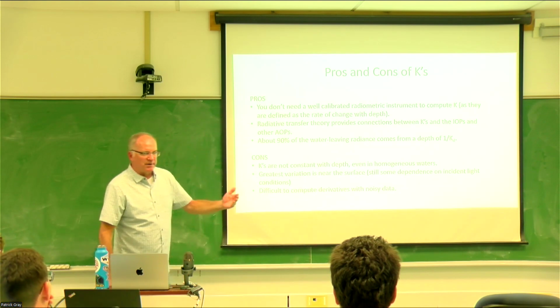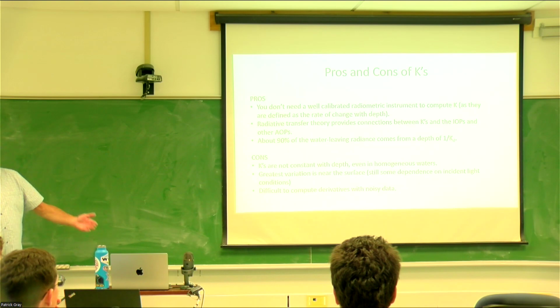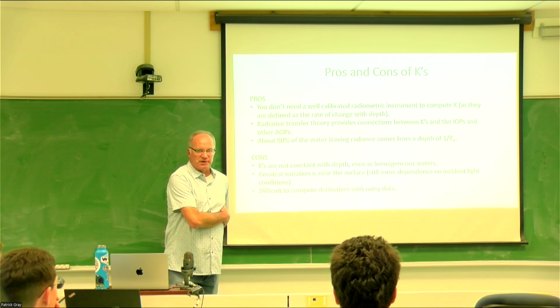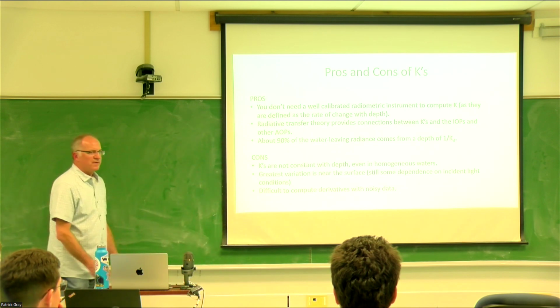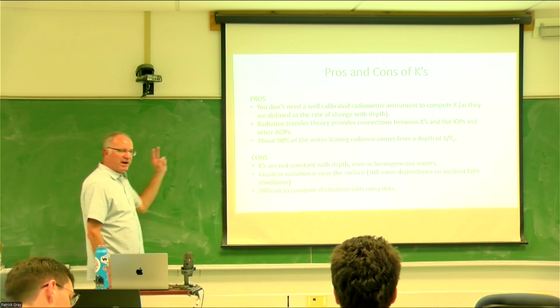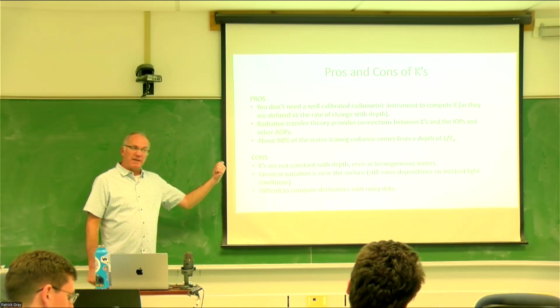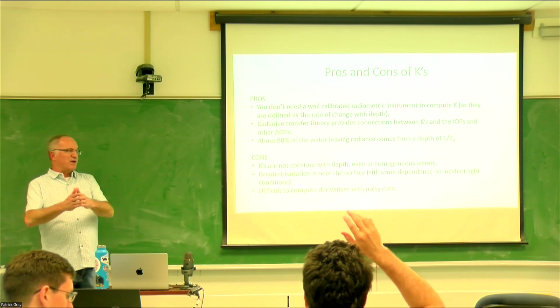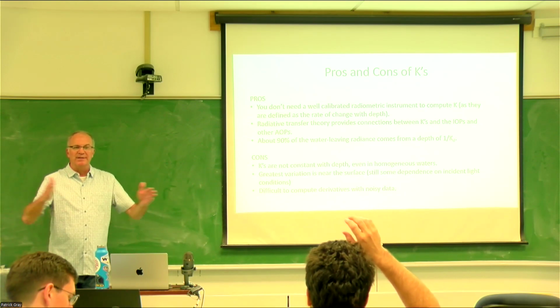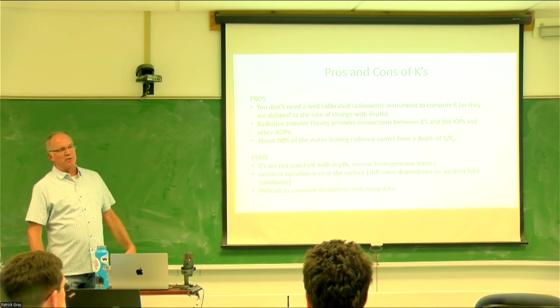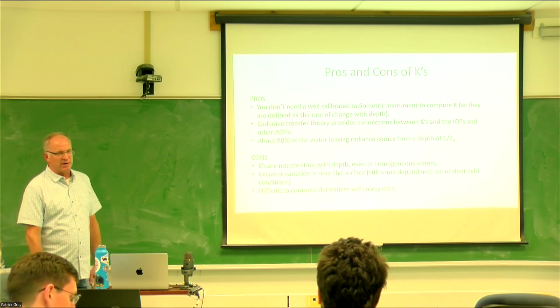All we're looking at is the change, the derivative, in that radiance or irradiance. So a bias or an offset drops out of that equation in the derivative. That's the nice thing: you don't have to have a perfectly calibrated radiometer to make that measurement. Now you can't use that measurement for an absolute value of irradiance because it's got high uncertainty in it, or it's not very well calibrated.